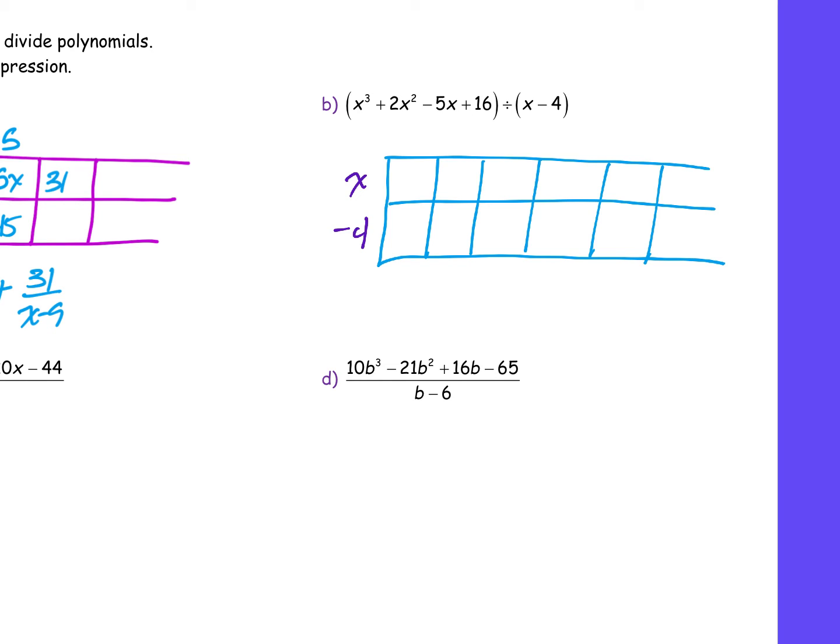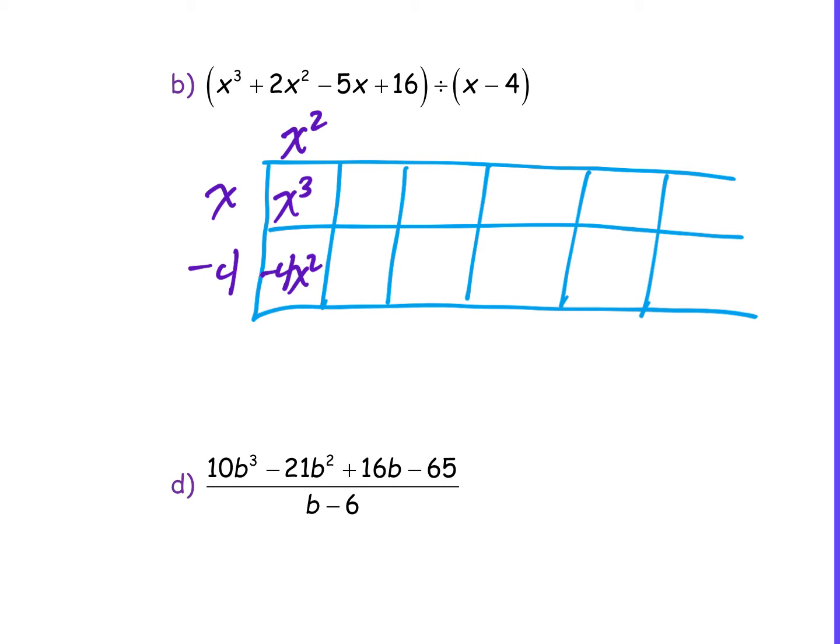x minus 4, x cubed. So what do I multiply x by to get x cubed? x squared. And x squared times negative 4 is negative 4x squared. I should have made my boxes bigger. Negative 4x squared plus what gives me 2x squared? That would be 6x squared.